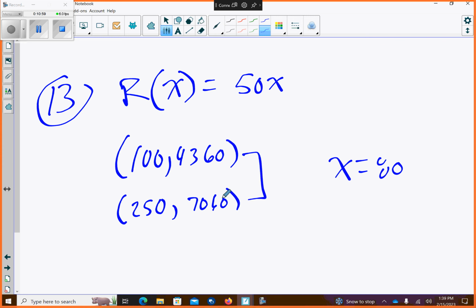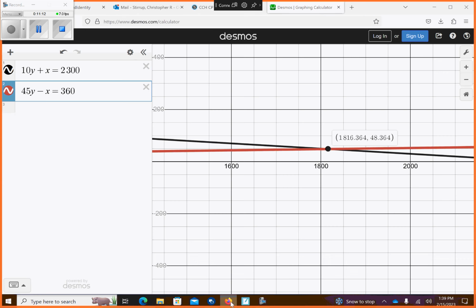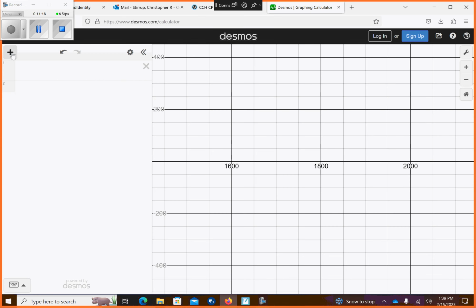So let's find this equation. So I have 100 comma 4360. I have 250 comma 7060. Table: 100, 4360; 250, 7060.